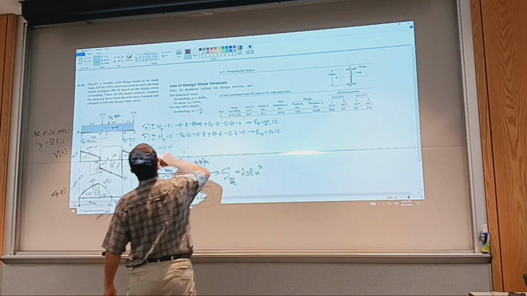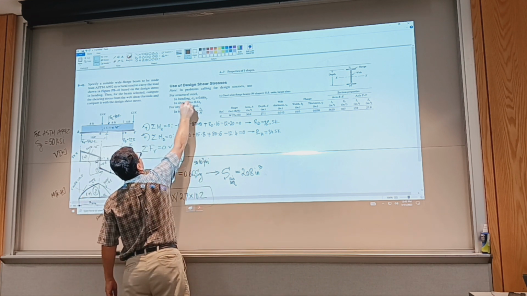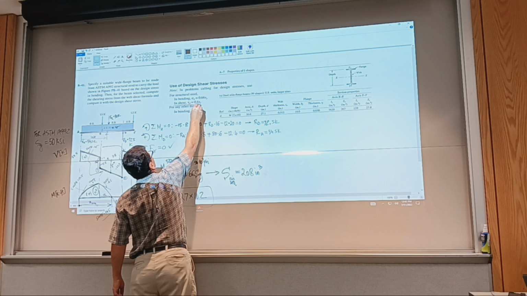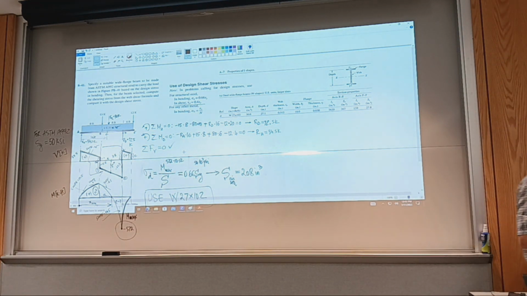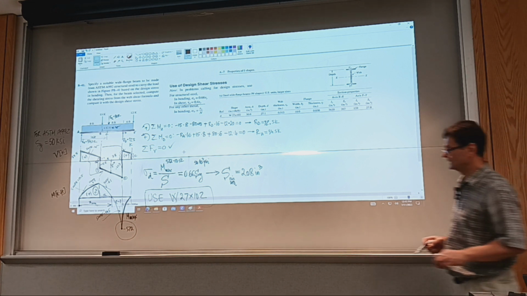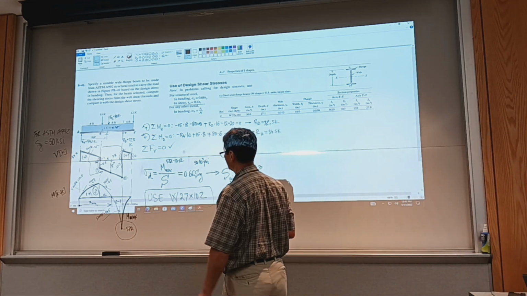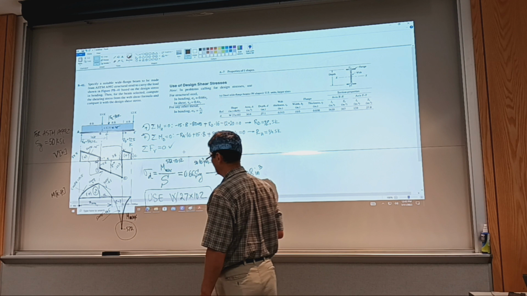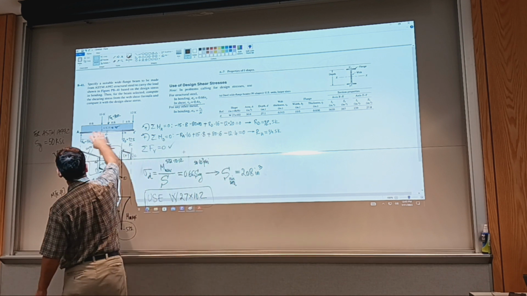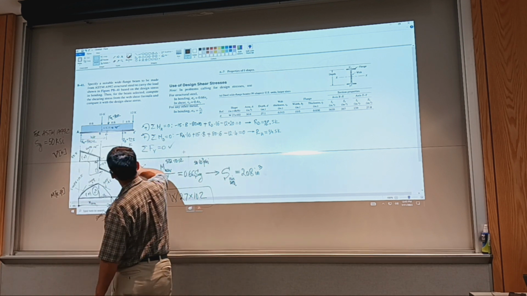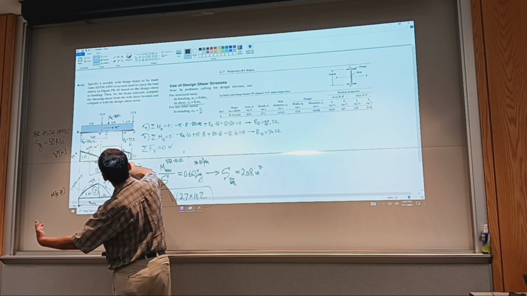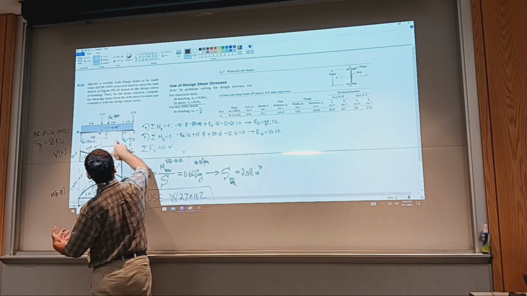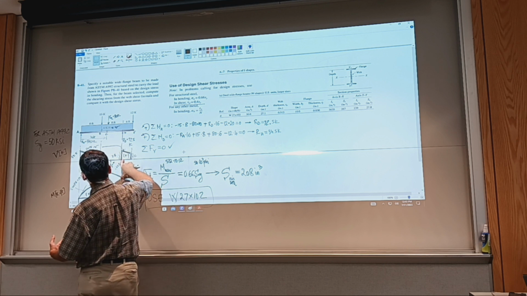In order to verify how big the shear stress is, we need to find where the maximum shear is to begin with. So the maximum shear is immediately before, or immediately left of, point D. This is the maximum amount of shear.